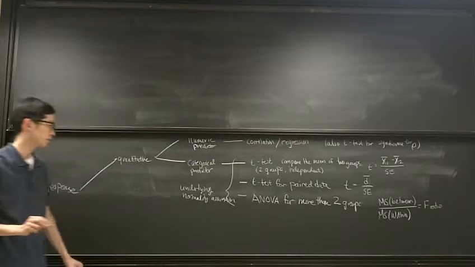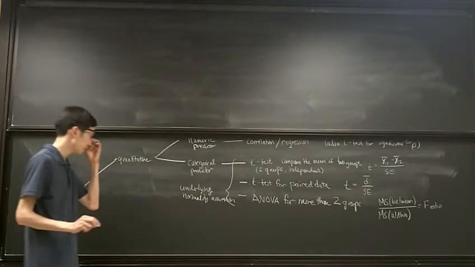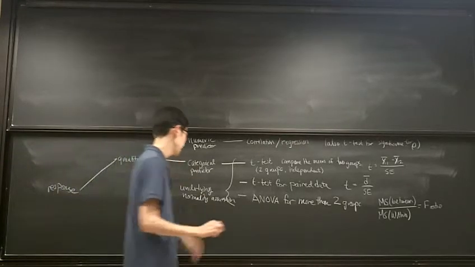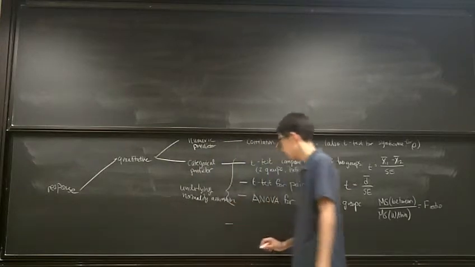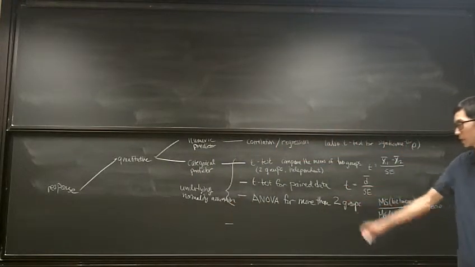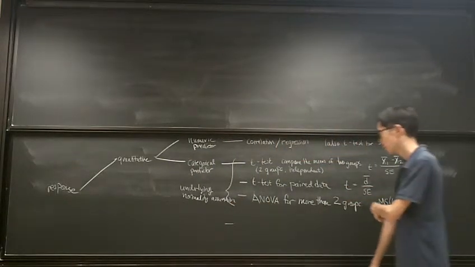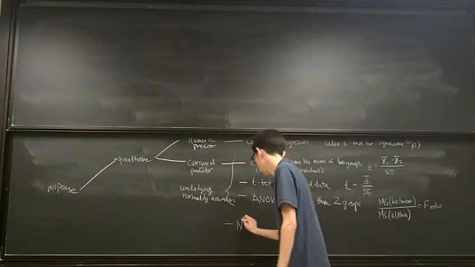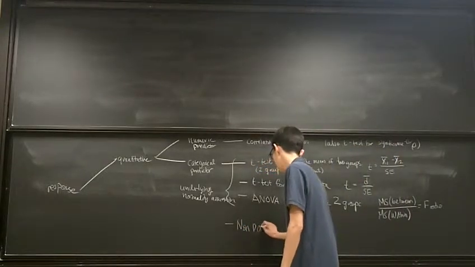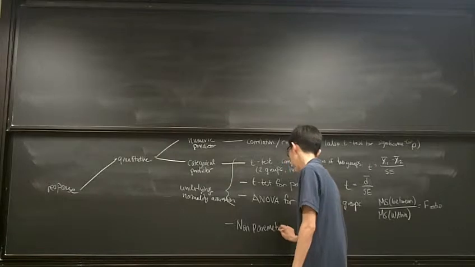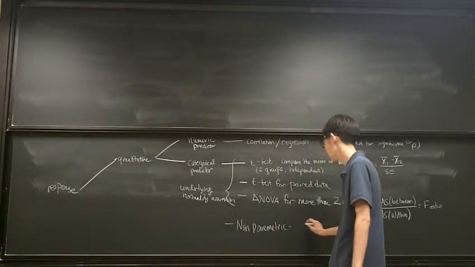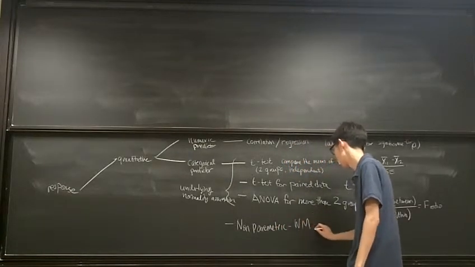And so we learned one method for when this normality assumption does not work, and that was the non-parametric test, the Wilcoxon-Mann-Whitney test.